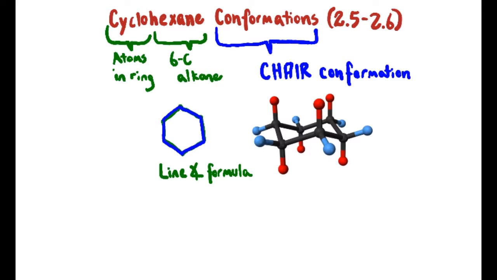The chair conformation is the most favorable conformation because it allows us to have all of the bonds staggered. If you think back to the terminology related to staggered, when we were discussing linear alkanes and their dihedral angles, we said that the bonds of those linear alkanes were staggered when the dihedral angle was 60 degrees.